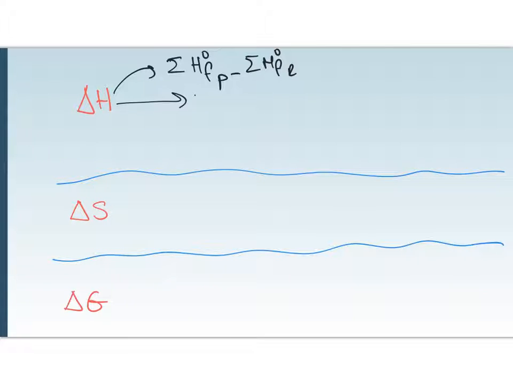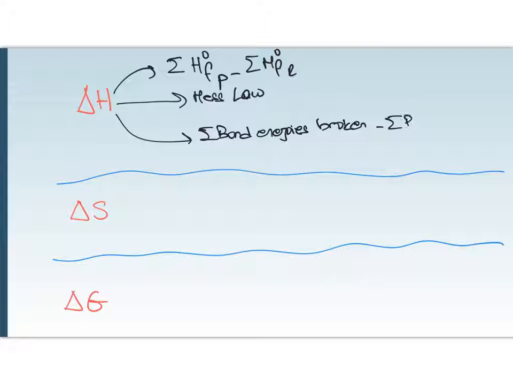What else? You have Hess's law. What else? You have bond energies: total bond energy broken minus total bond energy formed.